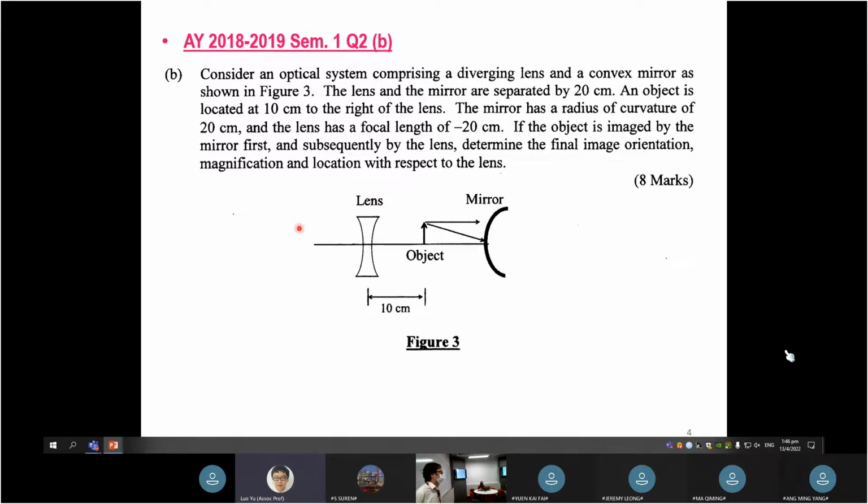Now, before I show how to apply my 3-step recurrence method, let me first ask you a question. This is a convex mirror, and its radius of curvature equals 20 centimeters. What's the corresponding focal length?